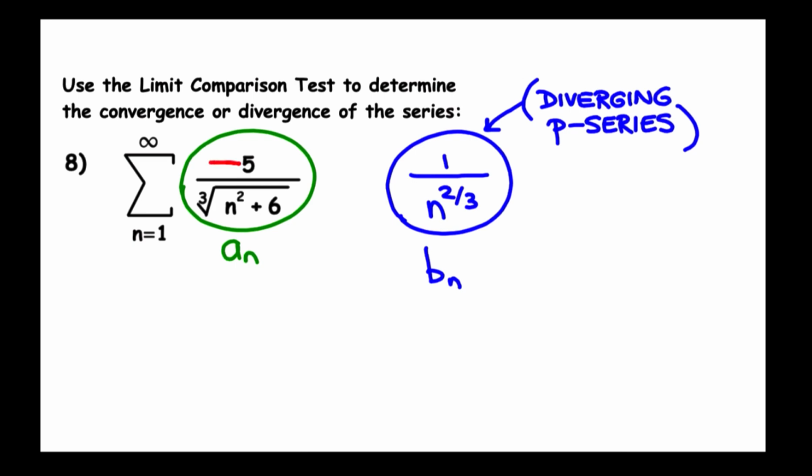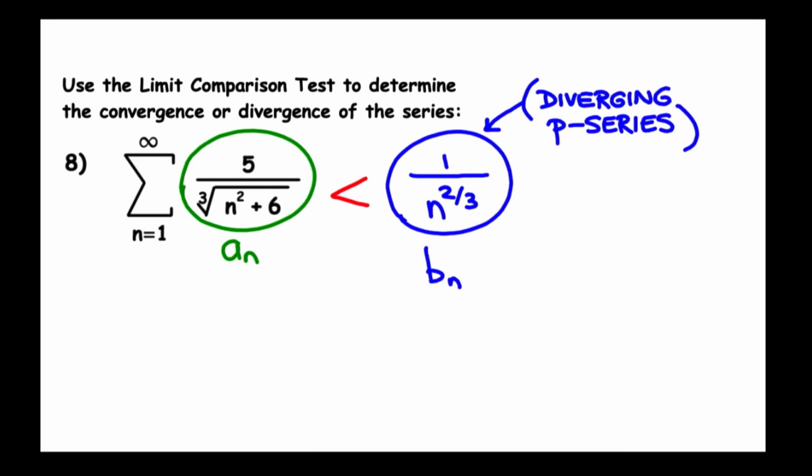We'd always have the option to kick the 5 out, all the way out front if we wanted to. Let's say the 5 was out front and the +6 was not there. These would be absolutely identical. But with the +6 being there, it weights the bottom down a little bit, which makes a sub n a little smaller than b sub n. B sub n is going to win this war here, at least with the 5 being outside.